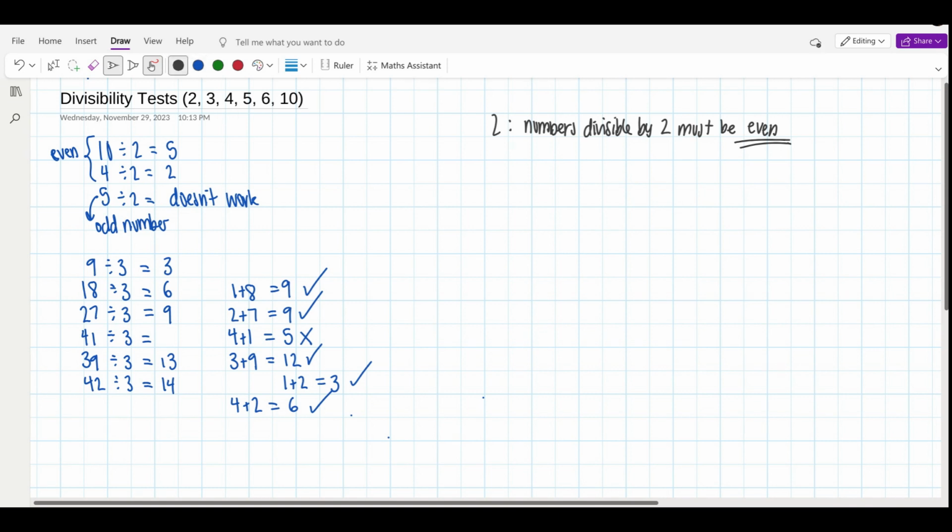So for a number to be divisible by 3, the integers must add to a number that is divisible by 3.